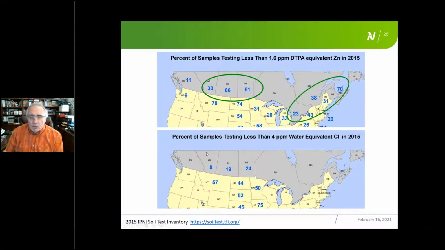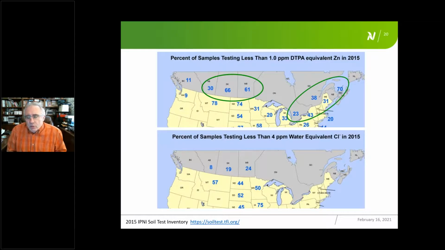And then we look at chloride, which is also a micronutrient, and really it's only become an issue in the interior of the country, because areas near the coast, near the oceans, get sufficient chloride from atmospheric deposition. It comes off the seawater in the mist and gets moved a little bit inland.